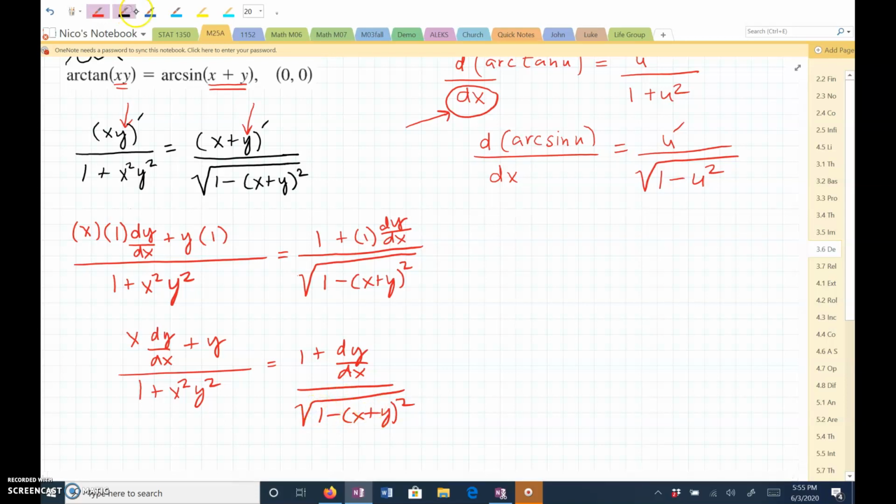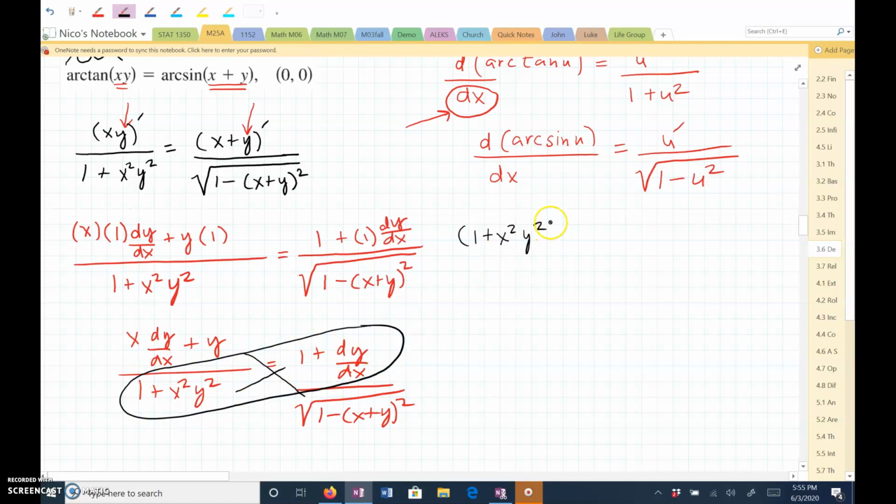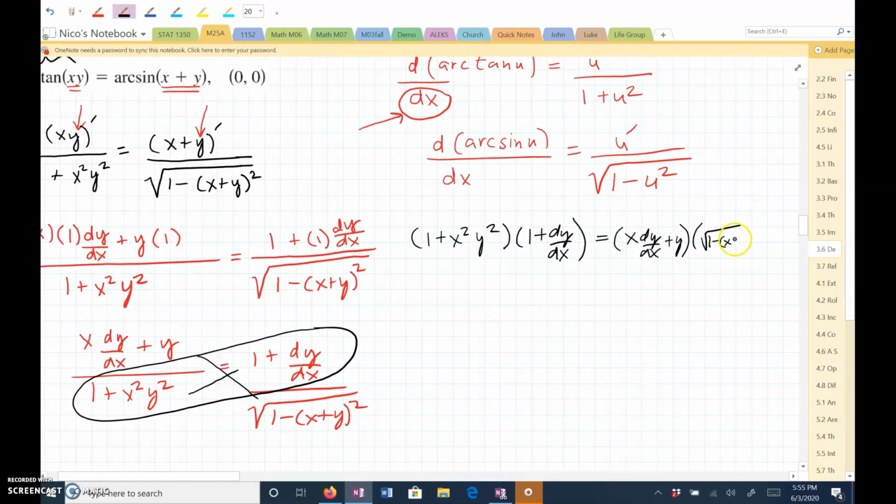So I'm going to cross multiply here. So this is going to be 1 plus x squared y squared, I'm going this way first, times 1 plus dy/dx all over x dy/dx plus y times the square root of 1 minus x plus y squared.